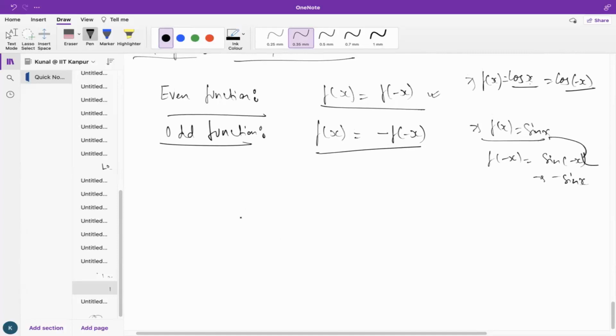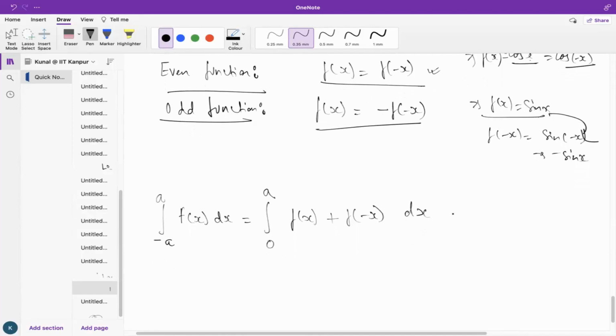Our property looks like this: if we are integrating a function from minus a to plus a of f(x) dx, we can write this as the integral from 0 to a of f(x) plus f(-x) dx. Right.